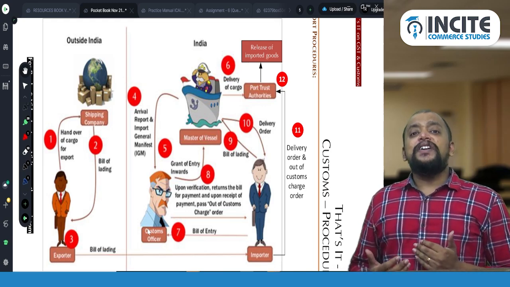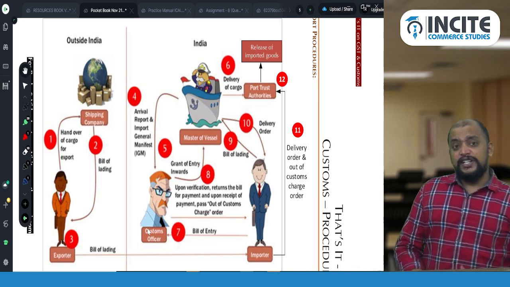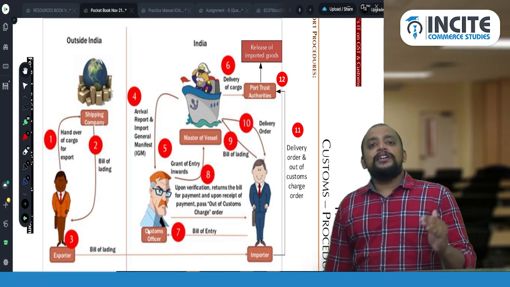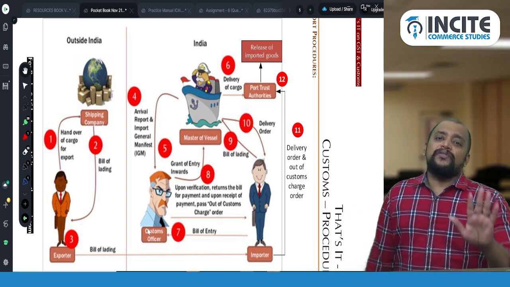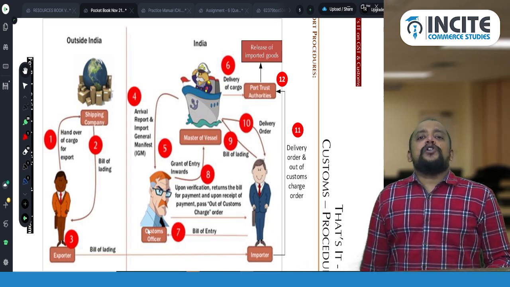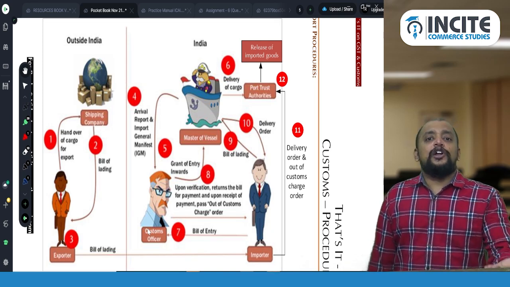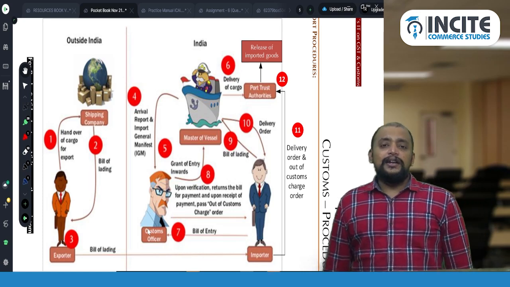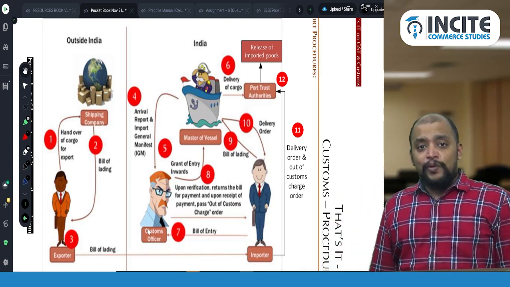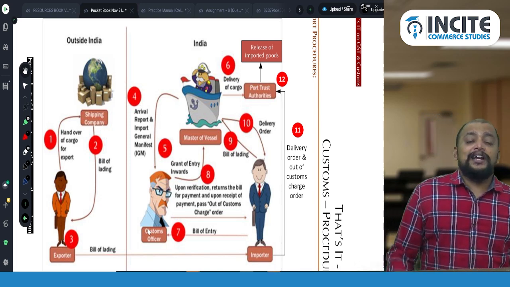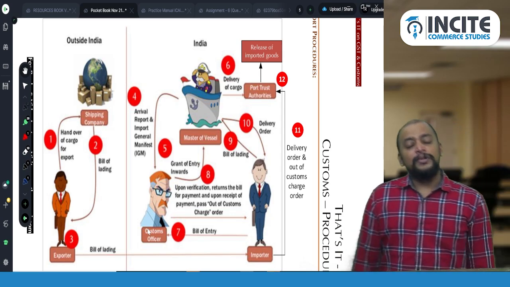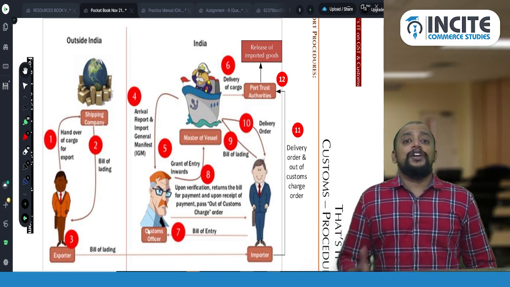Now if it is by airways, wherever the bill of lading comes into the picture, that will be replaced with the airway bill. If it is by vehicle, it will be called a railway receipt or lorry receipt. Next, there is no concept of grant of entry inwards for the purpose of entering into India in case of aircraft and vehicle; they can come, but grant of entry inwards is only for unloading.